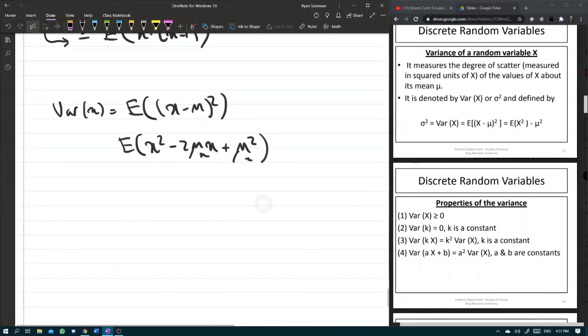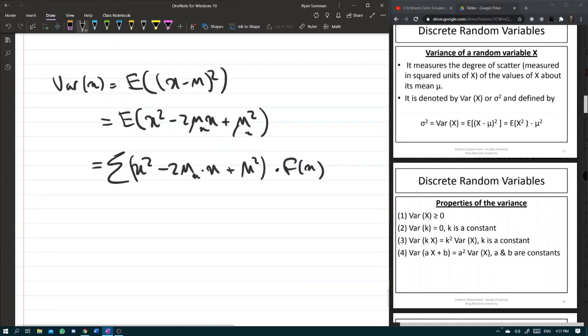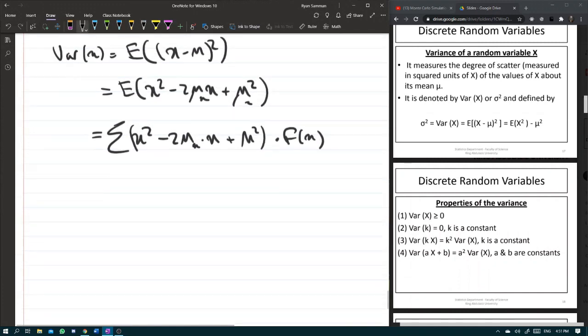And now we could split it. You could try it for yourself if you doubt this, but let's just expand it to the sum. So x squared minus 2mx plus m squared, all times f of x. Then we could use the distributive property.